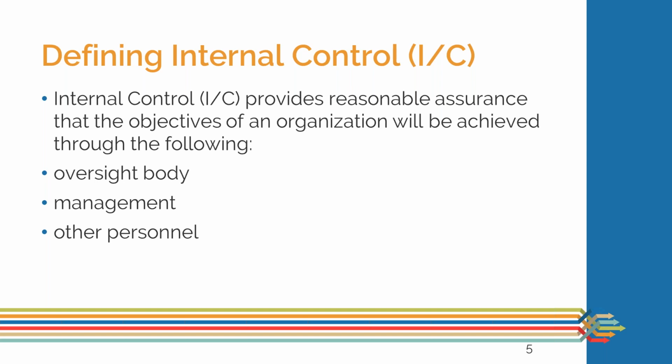How are they met? They're done through the oversight body, which could be your board of directors, management, which is your executive directors, both financially and programmatically, and then other personnel that are involved in maintaining the internal control process.